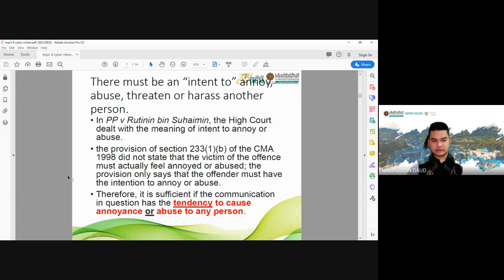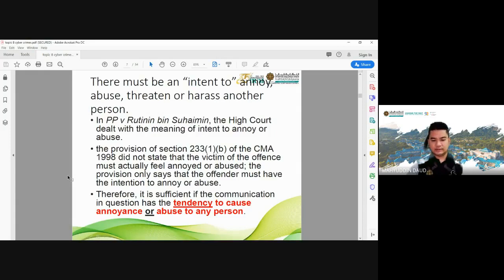In this case, the High Court has dealt with the meaning of intent to annoy or abuse. And this has been consistently used throughout any trials that come after that. The interpretation: provision of section 233, 1B, it didn't state that the victim of the offense must actually feel annoyed or abused.